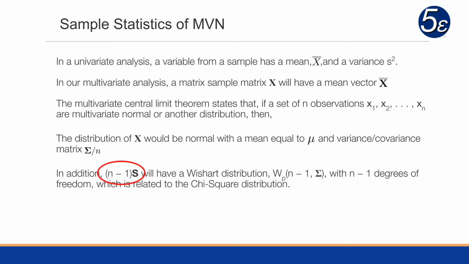In addition, this sample covariance matrix S, if we multiply it by n minus 1, will have a Wishart distribution known as W, with n minus 1 as the first parameter and covariance matrix as the second parameter, n minus 1 degrees of freedom. And this is related to the chi-square distribution.